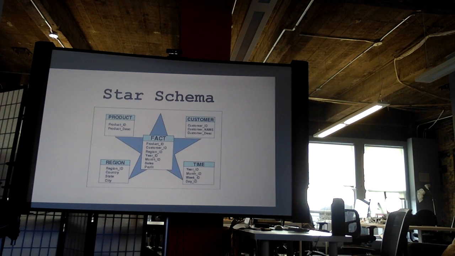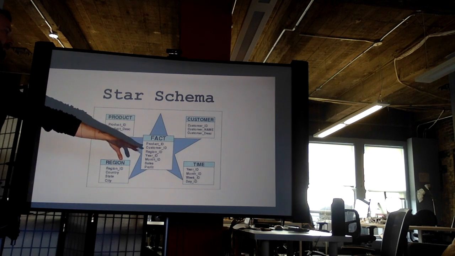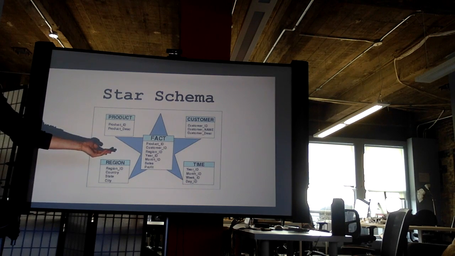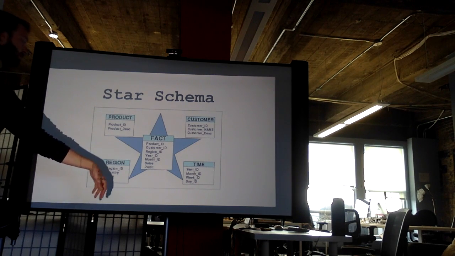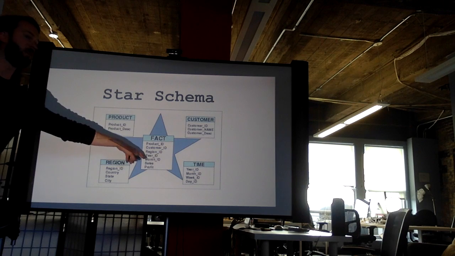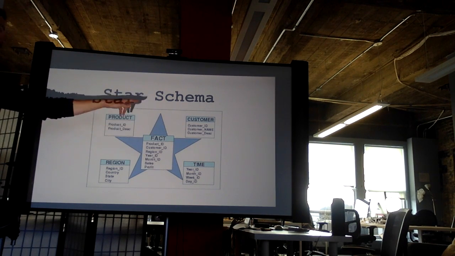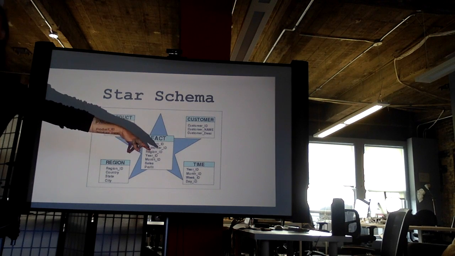The next thing is how we lay everything out. It's called the star schema. This is actually a pretty good example here, where this is your fact. In this case, I guess this would be like a sale or something. So you've got the profit and number of sales, and then associated with each entry here is a customer, a product, a region, and time.